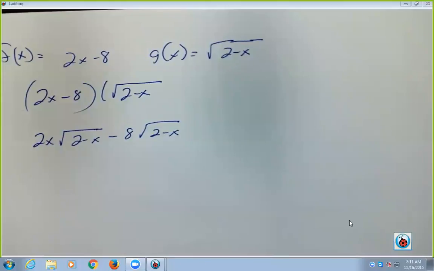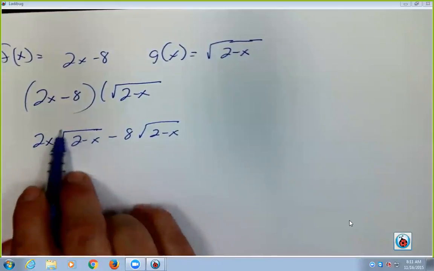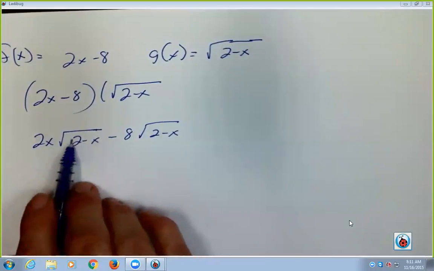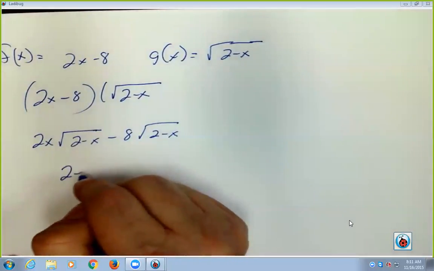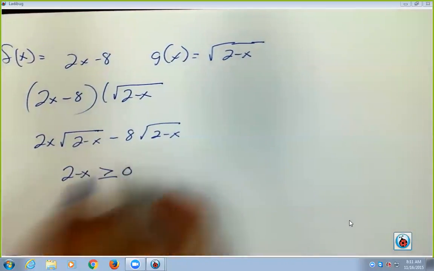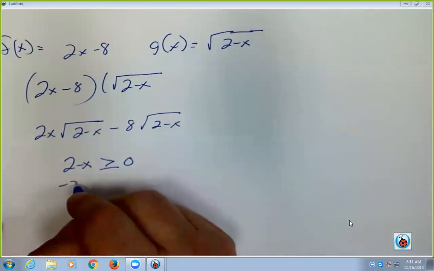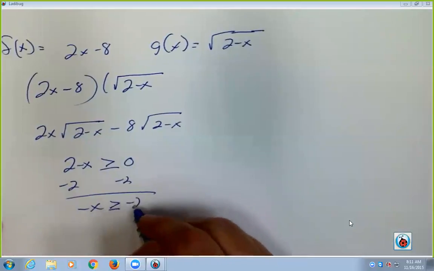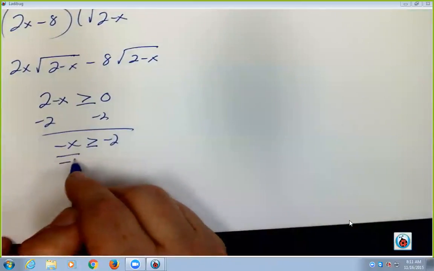The domain, okay. Now the domain is limited because this is a square root. And under square roots, we can never have anything negative because we get imaginary numbers if we do. So if I take just this piece, 2 minus x, and set it greater than or equal to 0, and subtract 2, then divide by -1.